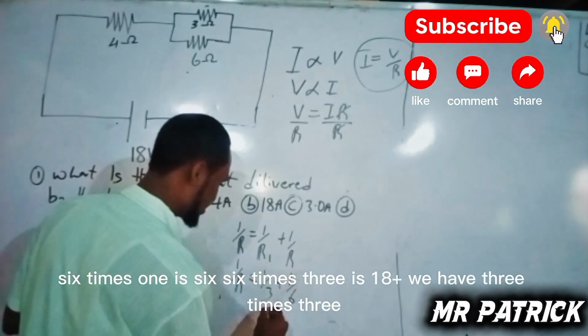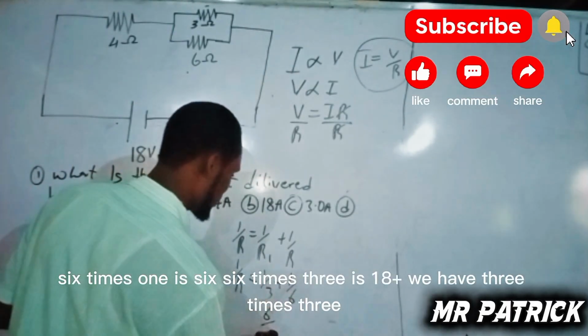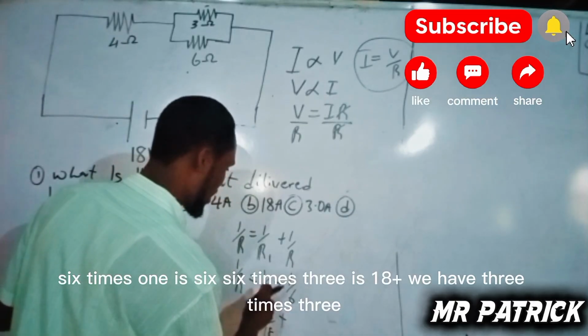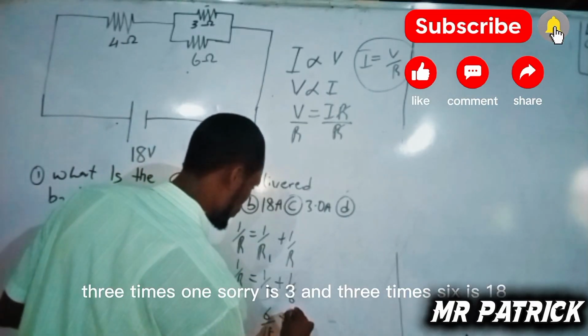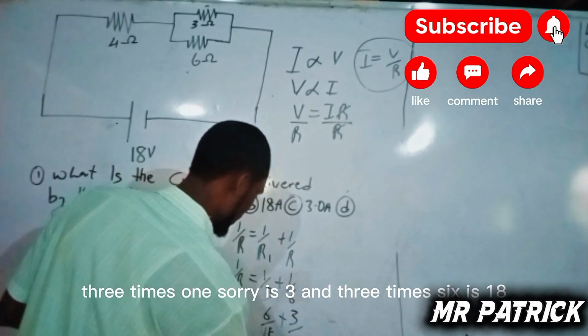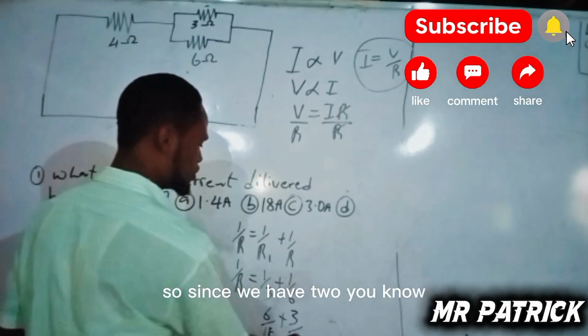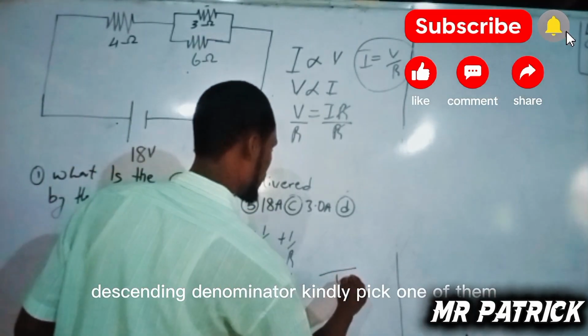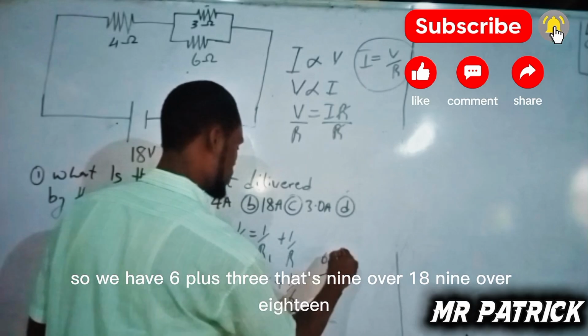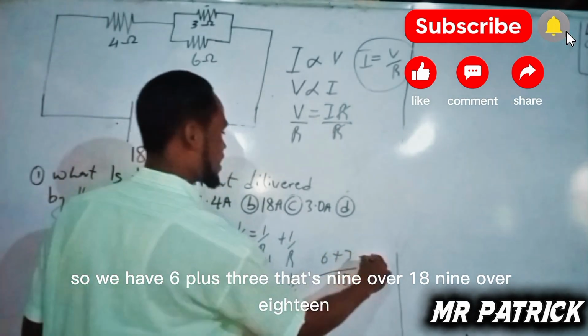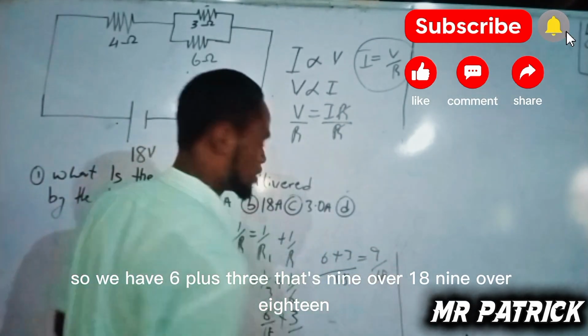6 times 1 is 6. 6 times 3 is 18. Plus we have 3 times 3. 3 times 1 is 3. And 3 times 6 is 18. Since we have the same denominator, kindly pick one of them. So we have 6 plus 3, that's 9 over 18.